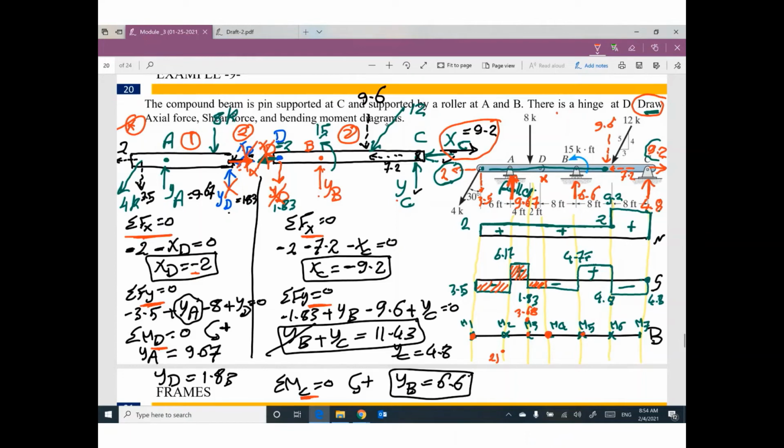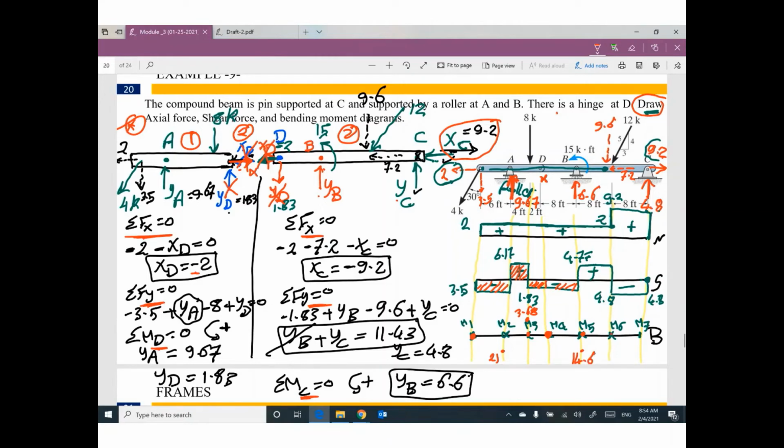M5: previous value, which is 0, plus area of shear in between, which is negative 1.83 times 8. This one will be negative 14.6. This one, how much?